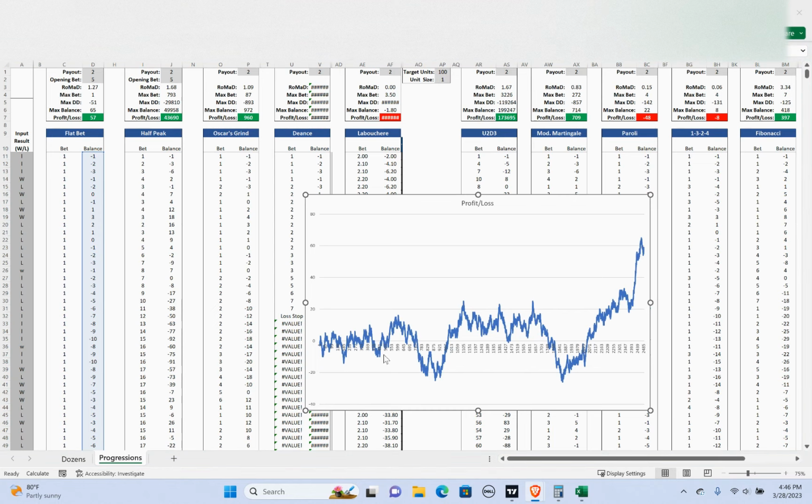Because honestly, the expected value on 2,500 spins for a flat bet would probably be negative several hundred. And this is positive 57. So this outperformed the expected value tremendously. Anyway, that's where I'm at.